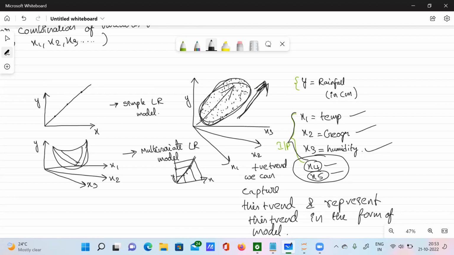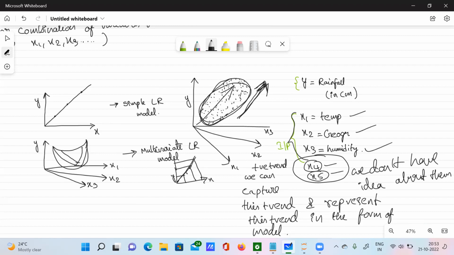But in reality, rainfall is actually getting decided based on two other factors also. But we don't have any idea about them.